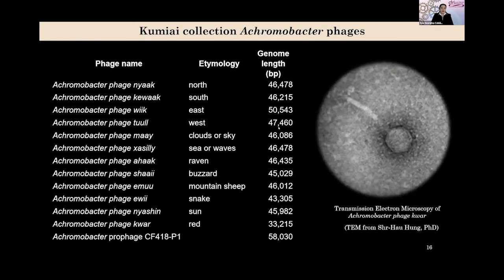So here are all the bacteriophages that we obtained, and they are called the Kumeyaay collection. The Kumeyaay collection is named after the native people of San Diego, the Kumeyaay, and we used several of the Kumeyaay words to name the phages. So we have the complete genomes.